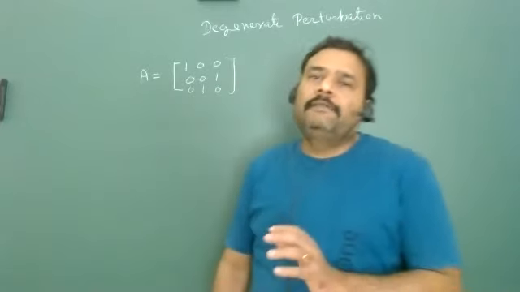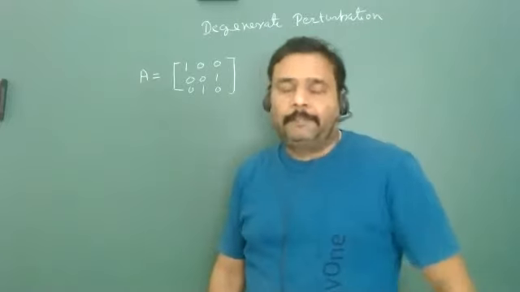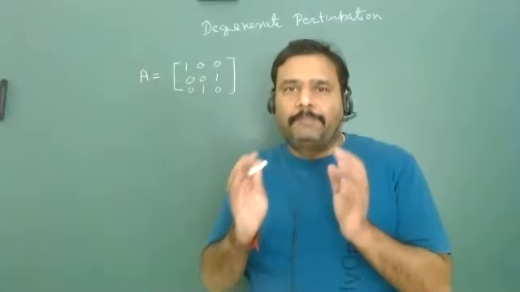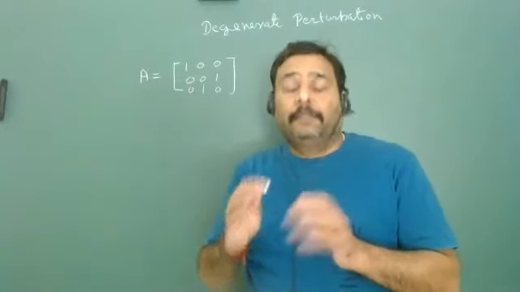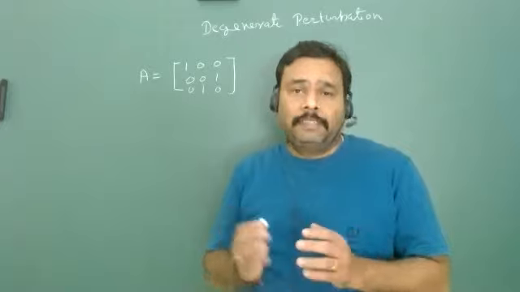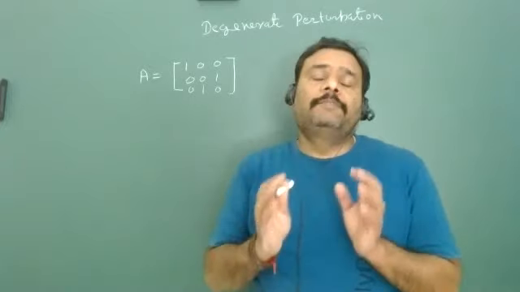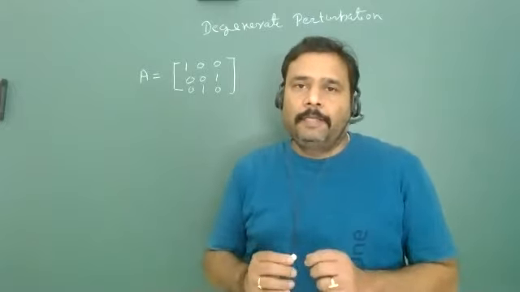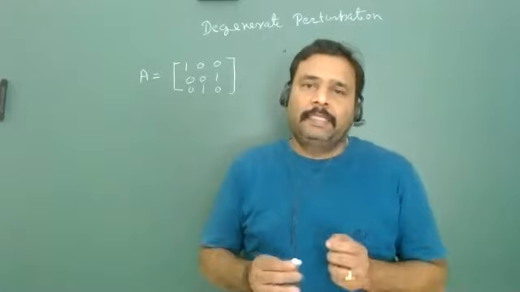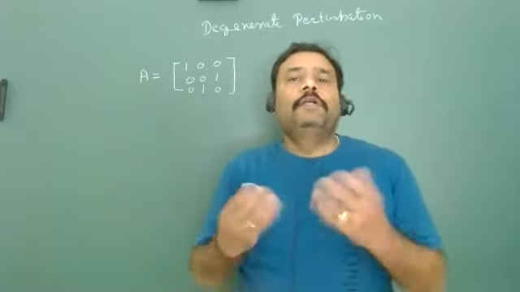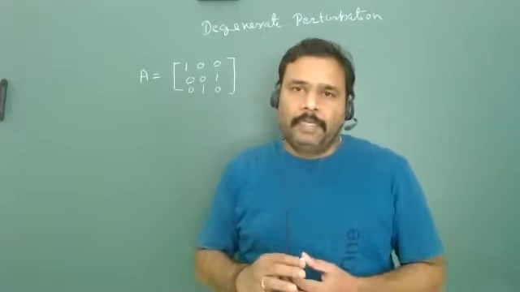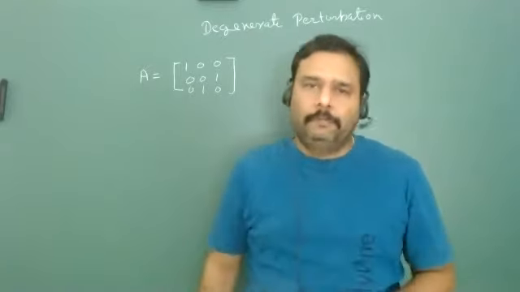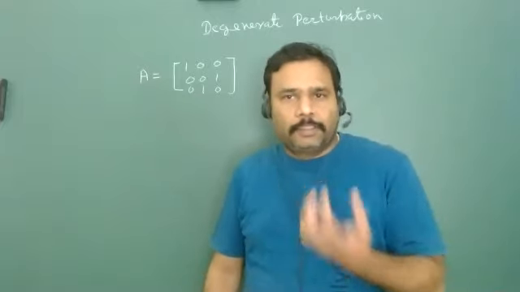I suggest you find normalized and orthogonal eigenvectors, such that the basis matrix is a unitary matrix. The beautiful part of a unitary matrix is that U inverse is equal to U, so you need not calculate U inverse separately.